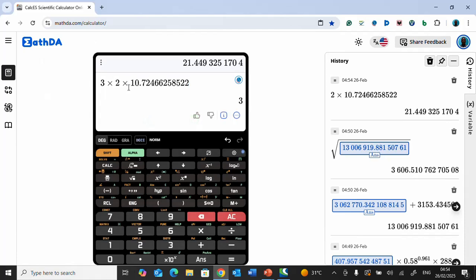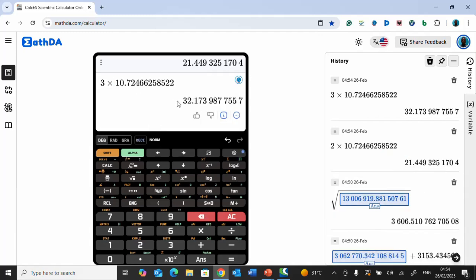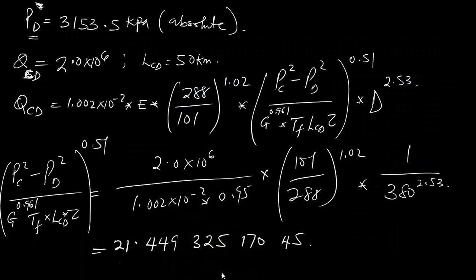So now we'll just delete this. So for 3, we have this value. This is the value we're going to be using now. So we have similar, because the whole system is constant. If we use 2 here, we got this.